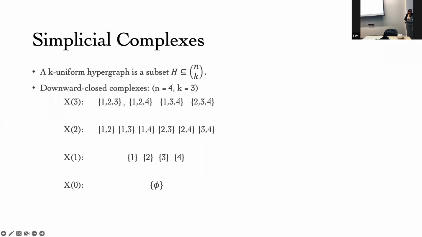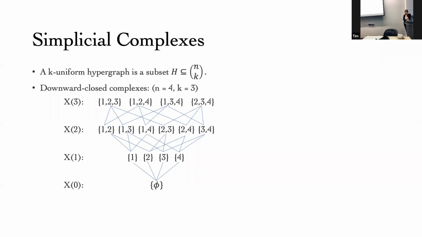We could start with any hypergraph H instead of all subsets of size 3. Now we just draw edges by inclusion. So phi is included in 1, and so on. Like 4 is included in 1, 4, etc. So now we have this whole complex.